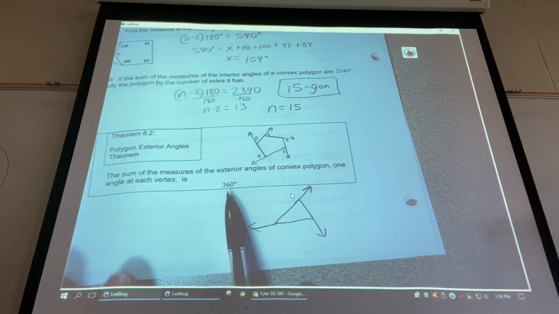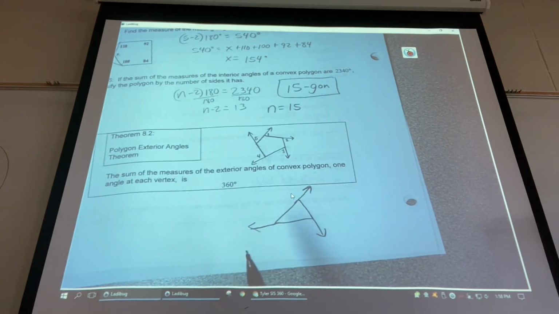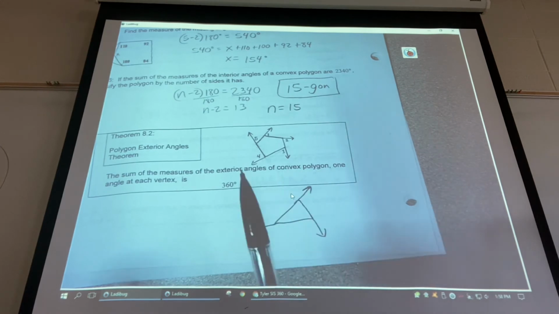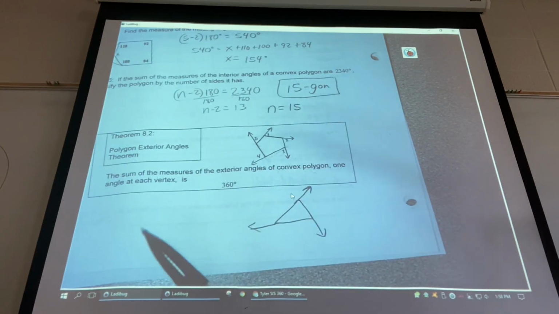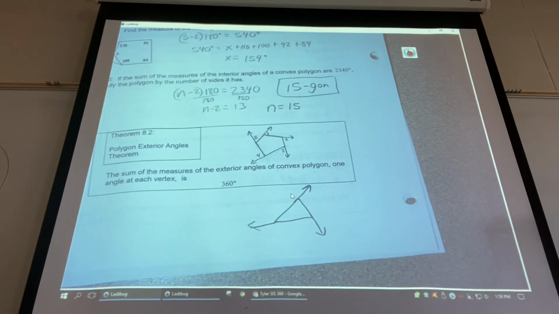Now, you might be thinking, well, what if you have like 700 sides? Which is possible. Well, if you have 700 sides, each exterior angle is going to be a fraction of a degree. You guys with me on that? They're all going to be super tiny because they'll be tiny little turns until you finally get around.